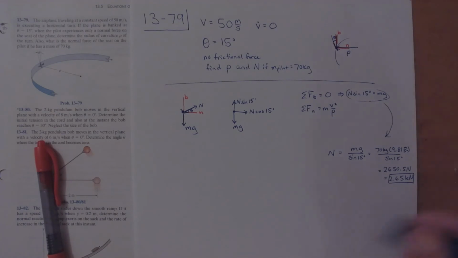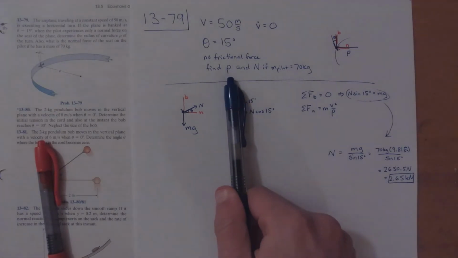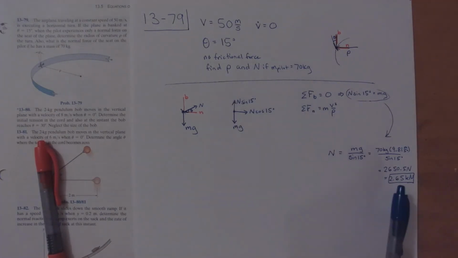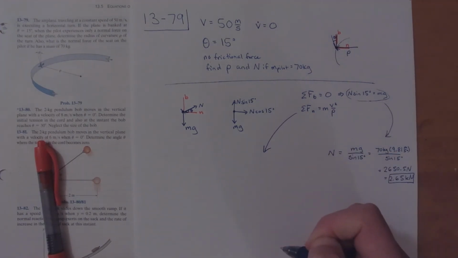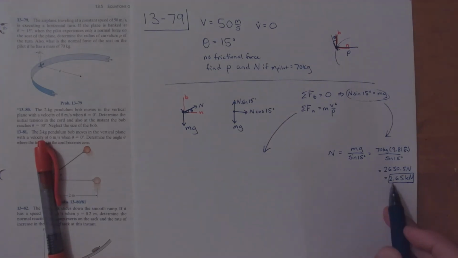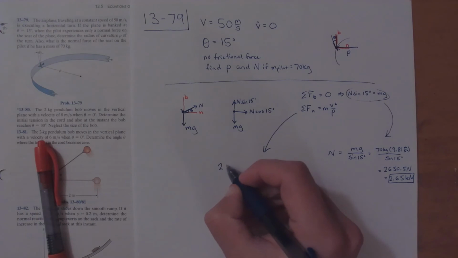We also have to find the radius of curvature, and now that we know the normal force, this is going to be quite easy. So the normal force is, let's use 2,650.5 newtons.